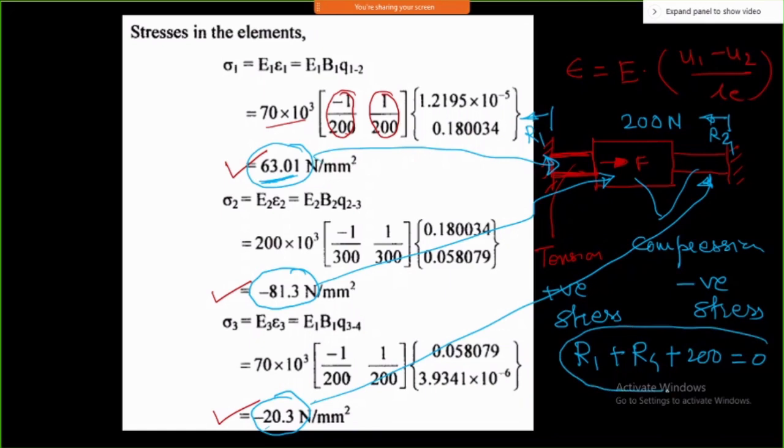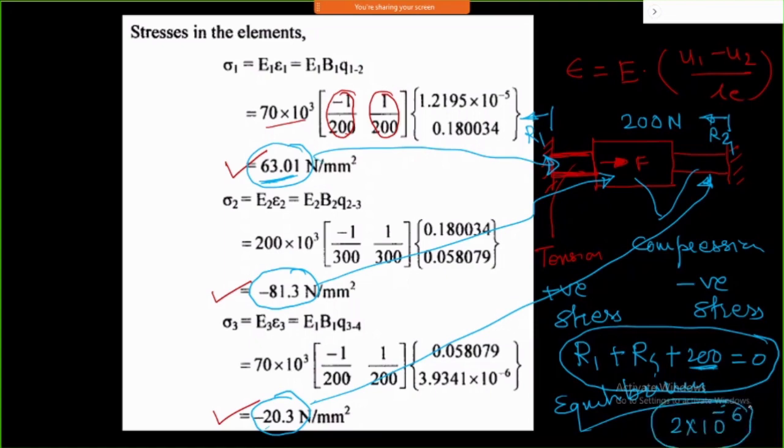This shows the equilibrium of my system. This is typically the equilibrium equation you can observe, and sometimes you will not get exactly 0. Maybe you are getting 2 into 10 raised to minus 6 or some such value. That indicates your solution approximately matches, that the entire system is in approximate equilibrium. I can't say it is in perfect equilibrium.